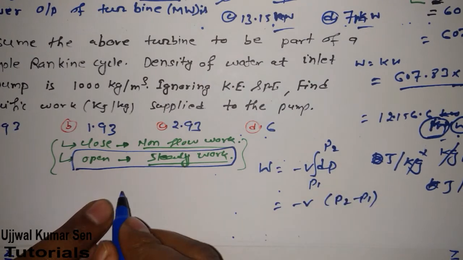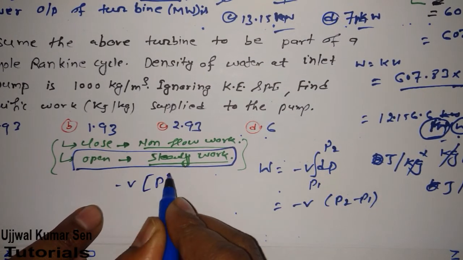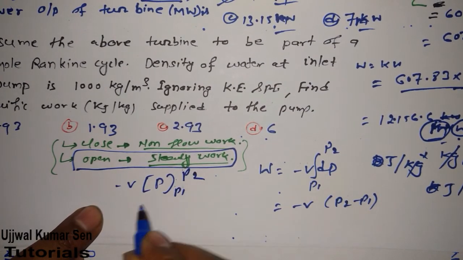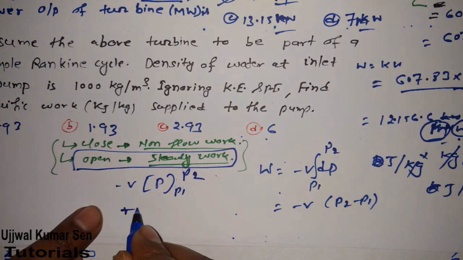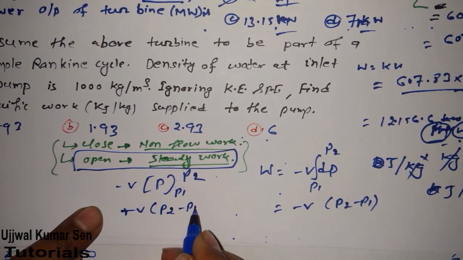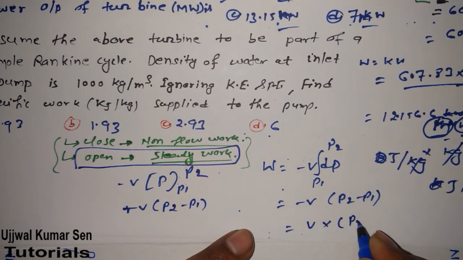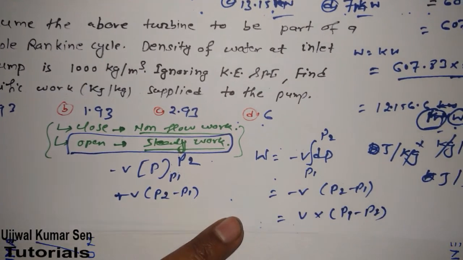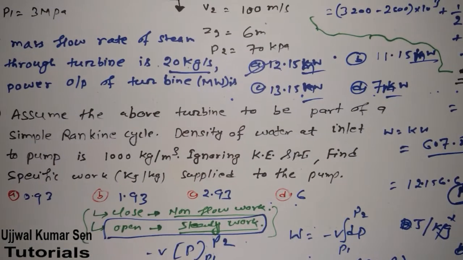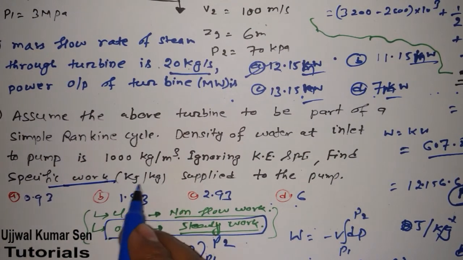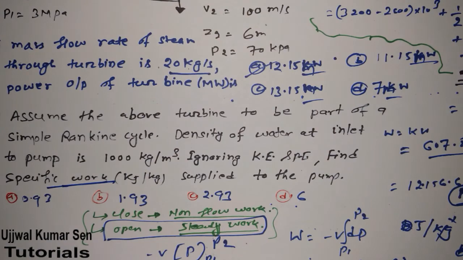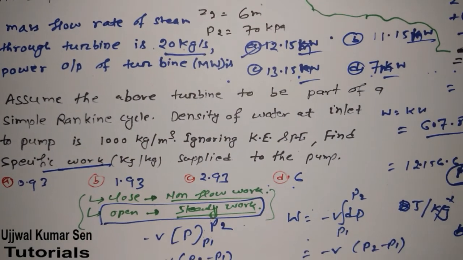If I multiply this minus here, we get V times (P1 minus P2). But here they said we have to find the specific work, in kilojoule per kg.